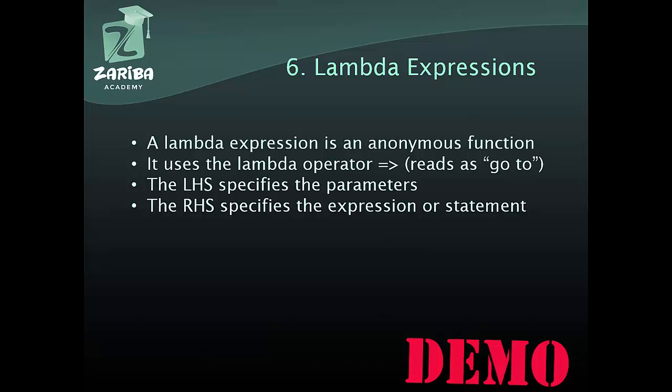We did something similar with the delegates, but not quite. It uses the lambda operator, which is like therefore, but it reads as goes to. The left hand side specifies the parameters, the right hand side specifies the expression or statement.